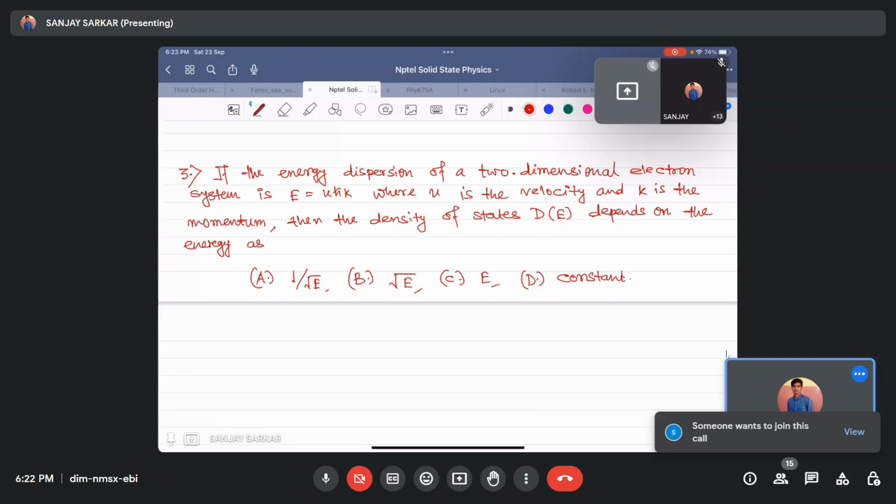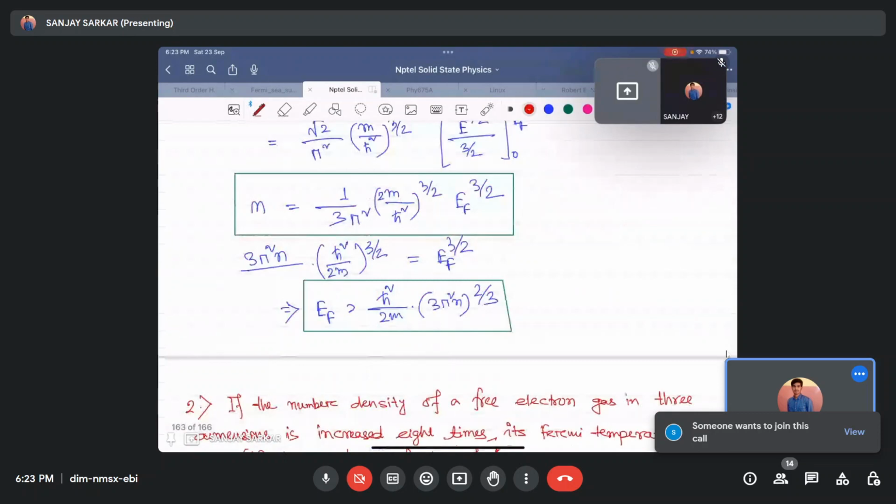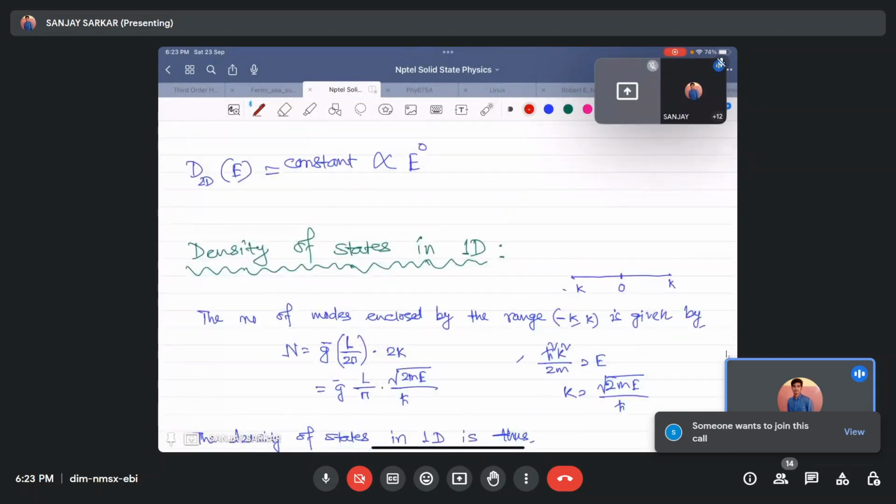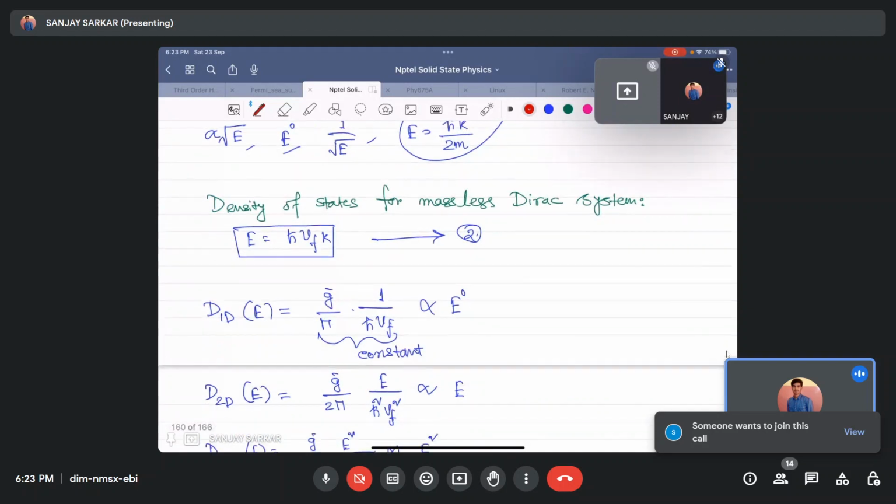Anybody? See, when I was discussing the theory of density of states, I already discussed this. It is the same as this expression; in place of Vf we have u.